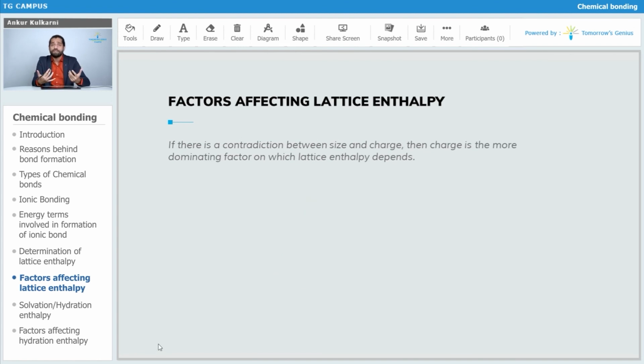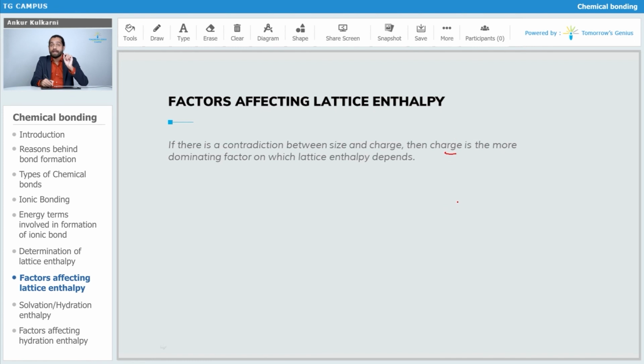And what if the situation arises when you have size as well as charge in contention, correct? At that time you have to look at the priority. You have to give priority to the charge.